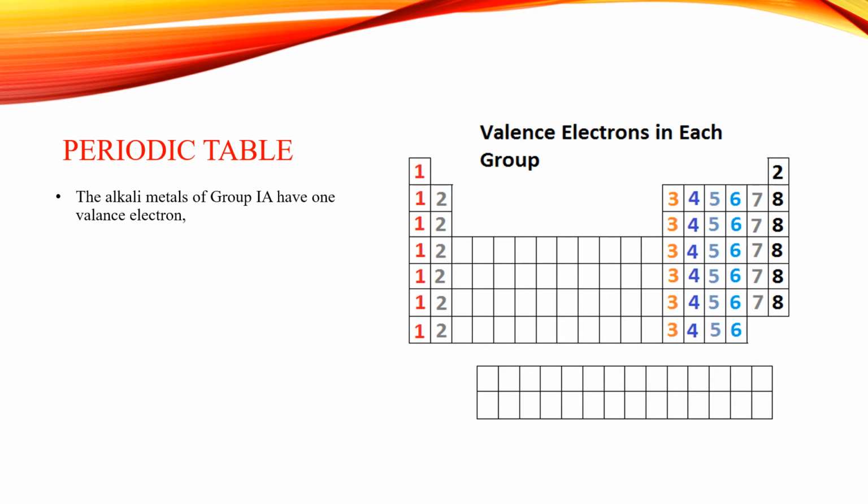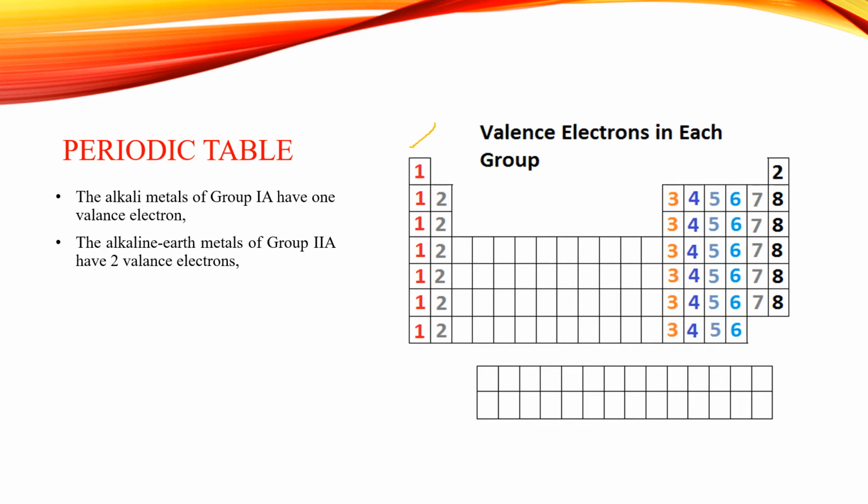The alkali metals of group 1A have 1 valence electron. તમે જોઈ શકો છો અહીંયા, આ કયું ગ્રુપ છે? 1A, alkali metals group. તો આની પાસે કેટલા વેલેન્સ ઇલેક્ટ્રોન છે? 1. અને આઉટર સેલમાં કેટલા ઇલેક્ટ્રોન છે? Only 1, right? And the alkaline earth metals in group 2A have 2 electrons.